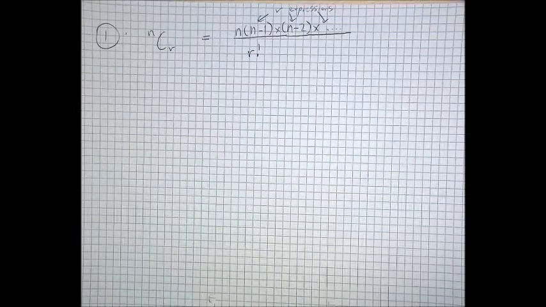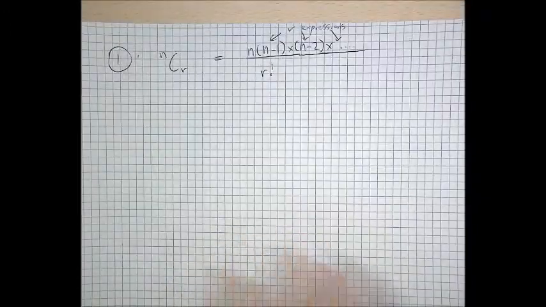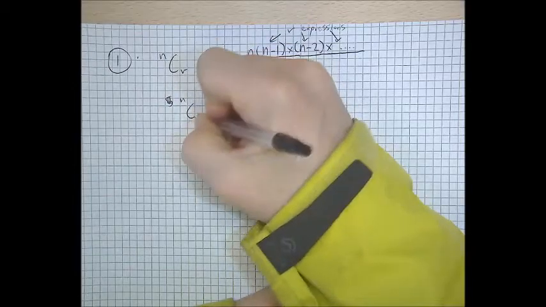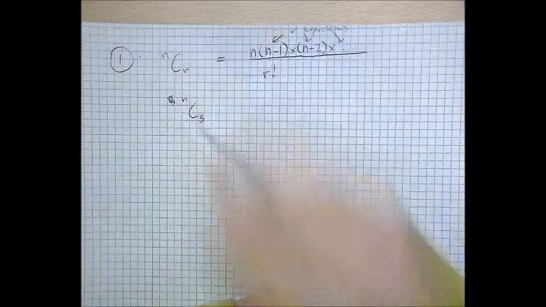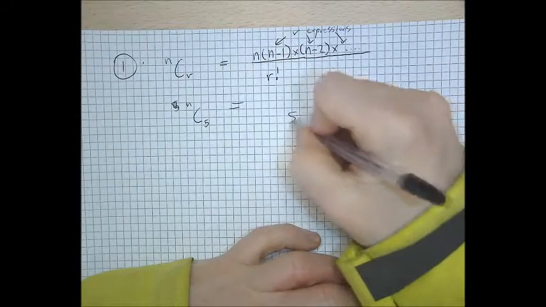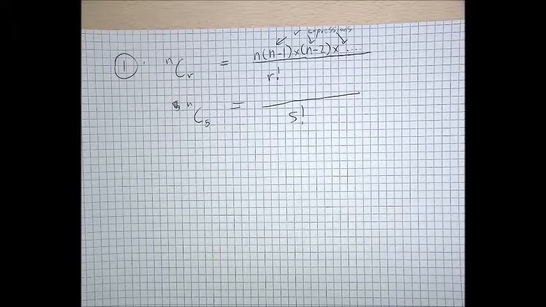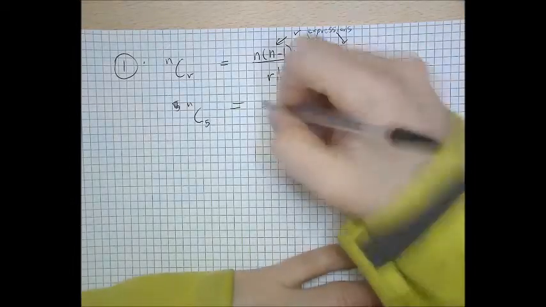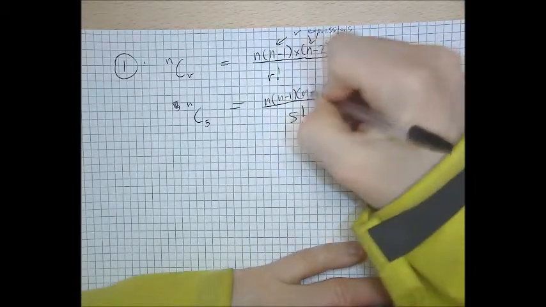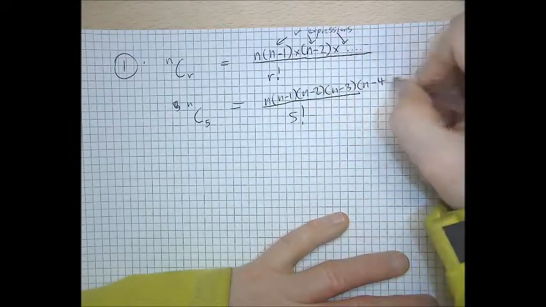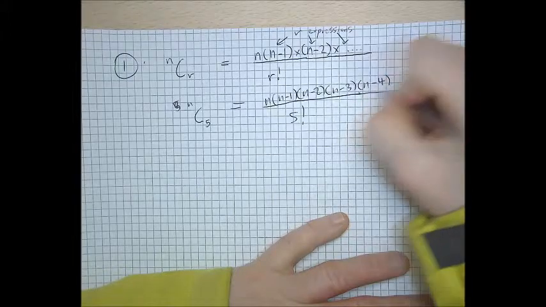I'll give you an example to help you understand what I'm talking about. Basically, if you were doing nC5, you would go 5 exclamation mark at the bottom, and you would do n, n minus 1, n minus 2, n minus 3, n minus 4 at the top.